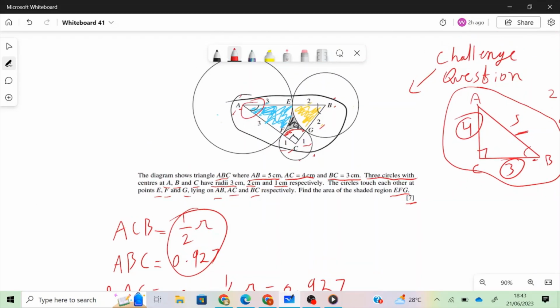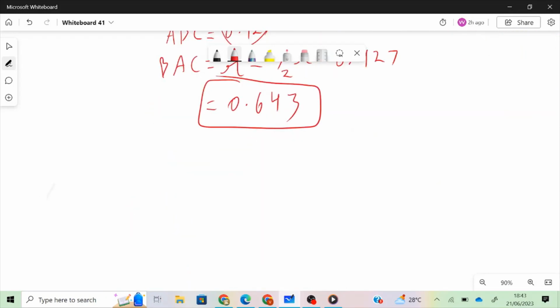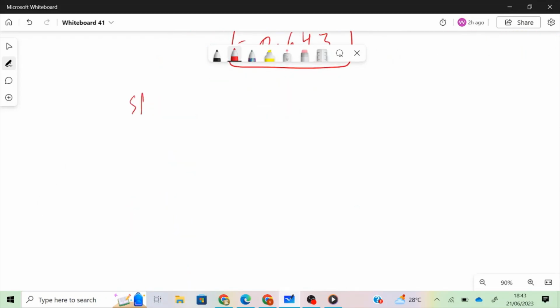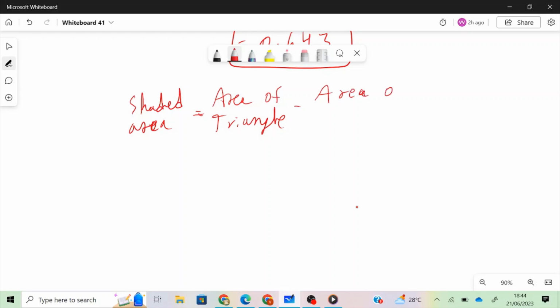So now that we have our respective angles of all of them, now we can proceed with the general overview of that, the shaded area is equal to the area of the triangle minus the area of all of the sectors combined. Area of sectors, not just one sector, all of the sectors.